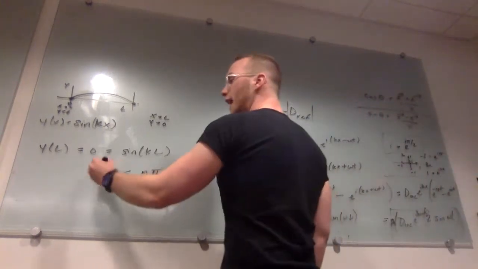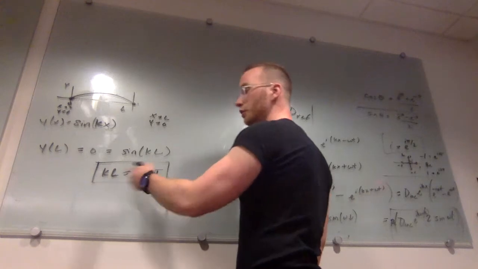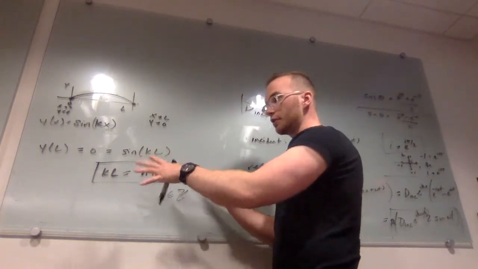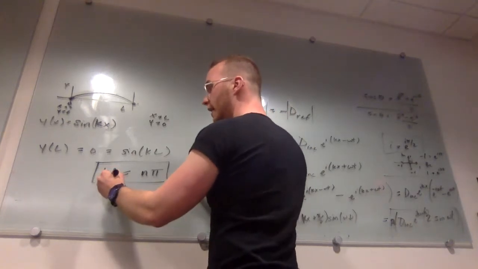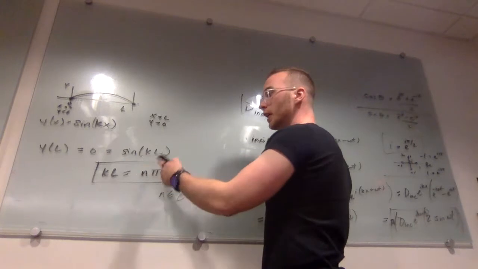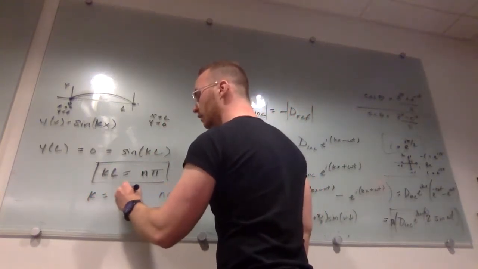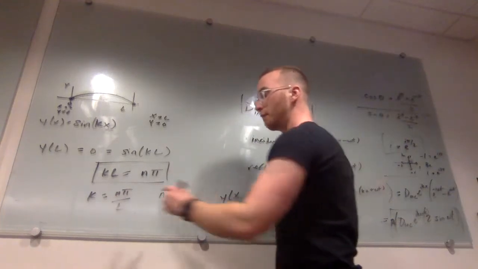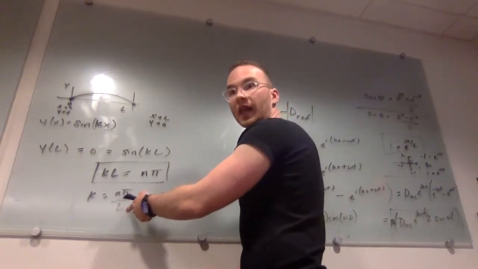This is actually a very specific condition. These are all just fixed things. None of these are variables. There's no condition on x here. This says that, assuming we have a fixed L, k can't be just any number. K has to be n pi over L. And pi over L is just a number again, like 1 meter, it's a length.